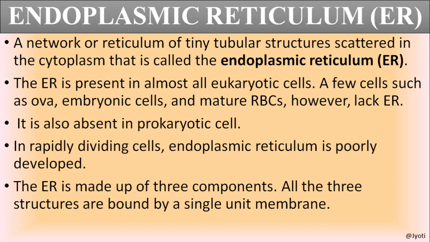The first organelle is endoplasmic reticulum. The short form is ER. So what is endoplasmic reticulum? It is a network or reticulum of tiny tubular structures scattered in the cytoplasm, and it is present in almost all the eukaryotic cells, but it is absent in ova, I mean egg, embryonic cells, and mature RBC.